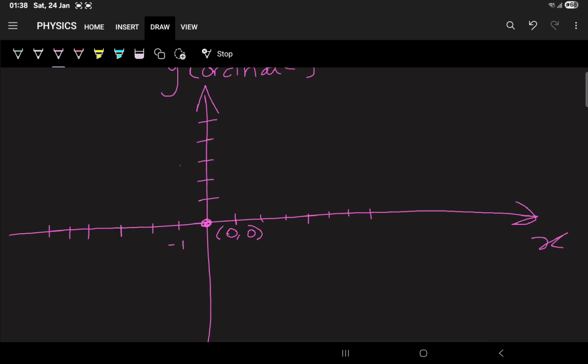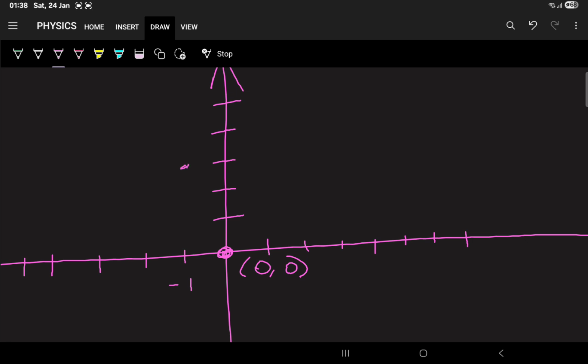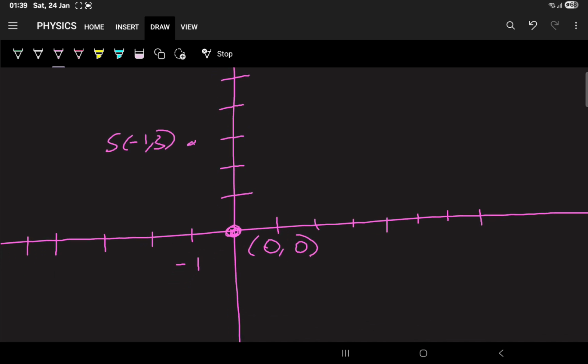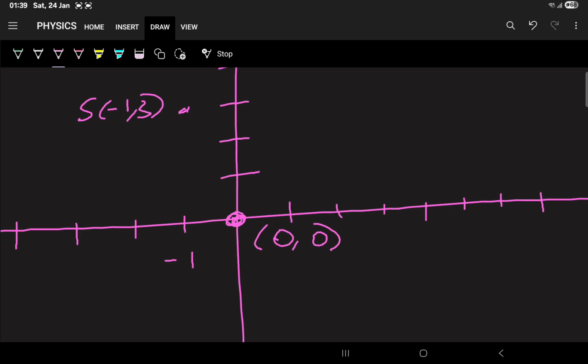So point S will be somewhere around here. So this will be S, -1, 3. Now let's plot a point R, -1, 0. It will be around here. This is -1, 0, and this is R.